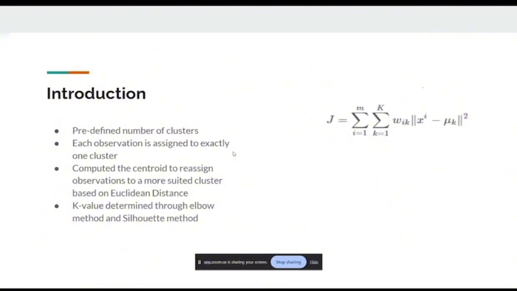In K-means, there's a predefined number of clusters, unlike something like DBSCAN. Each observation is assigned to exactly one cluster. We computed the centroid to reassign observations to a more suited cluster based on that Euclidean distance. And we use the elbow method and silhouette method to determine our k-value, or number of clusters. On the right is the mathematical equation of how K-means works.